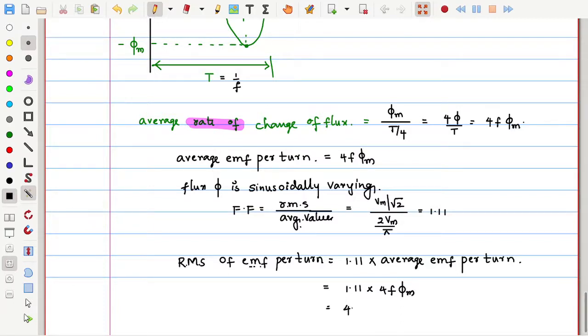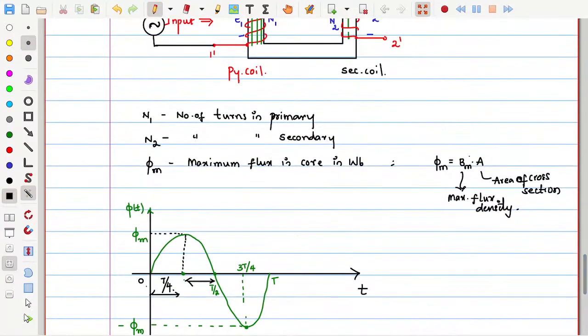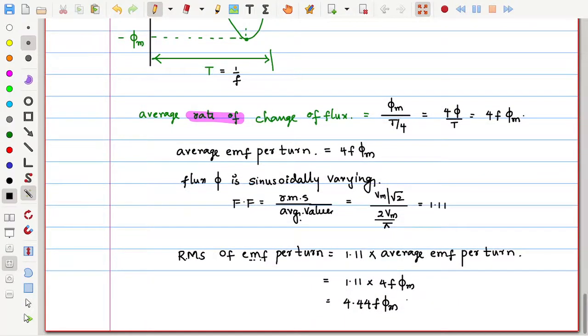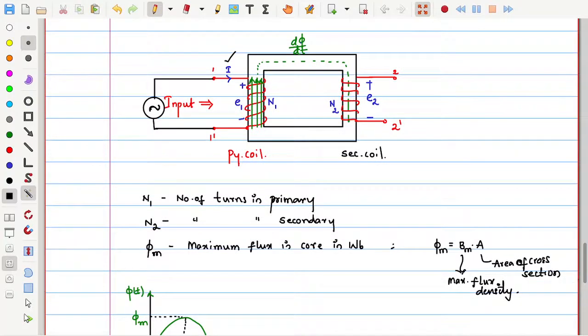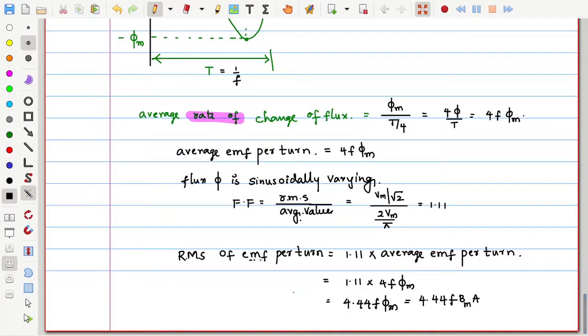This is 4.44 f phi m. And we know that phi m can be written in terms of flux density and area, so 4.44 f phi m can be written as 4.44 f Bm into A, since flux phi m is Bm into A. So this is the induced EMF per turn. This is a generalized expression.